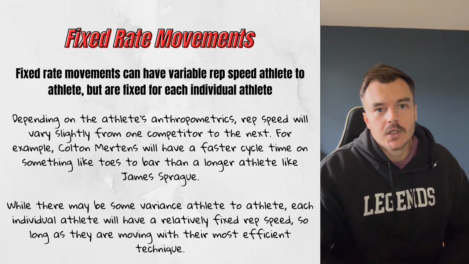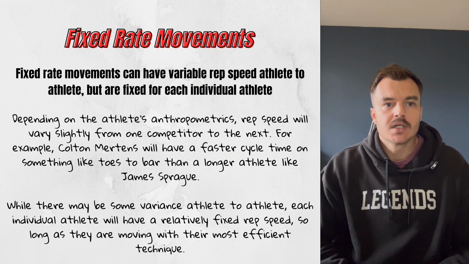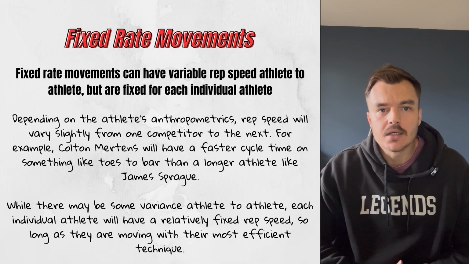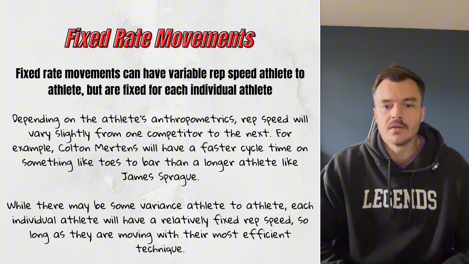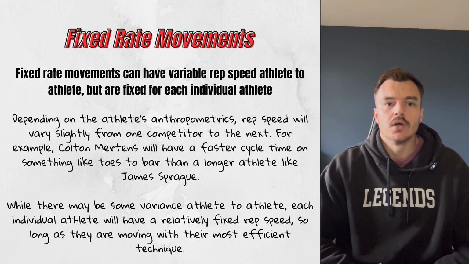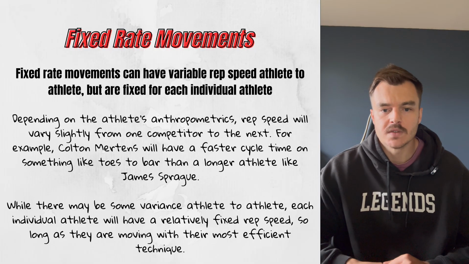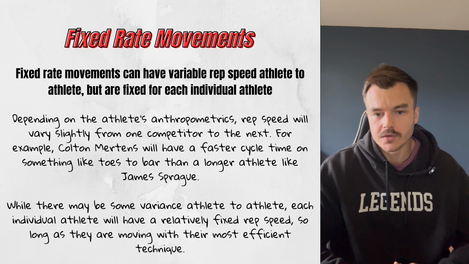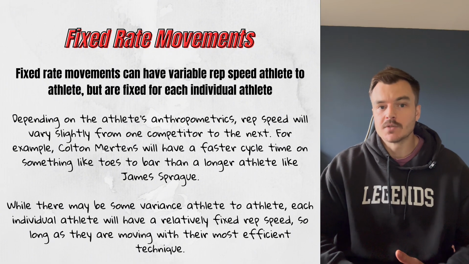So again, here's a look a little bit more in depth at what a fixed rate movement is and what it looks like. A fixed rate movement is a movement that doesn't have variable rep speed within the confines of the athlete. Depending on their anthropometrics, they will see slight changes in speed. For example, Colton Mertens probably is going to be doing toes to bar faster than someone like James Sprague.